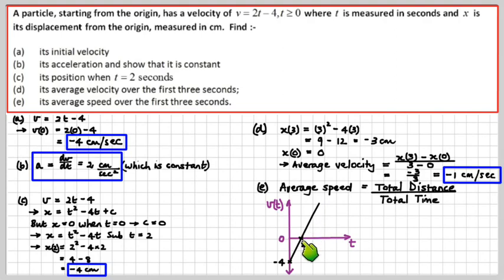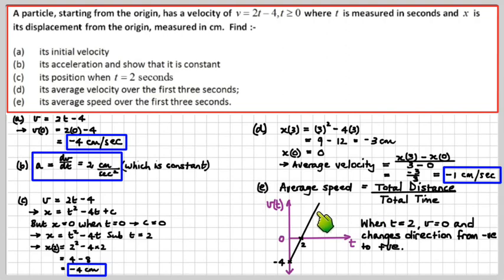So therefore, if you like to visualize what it's doing, you could imagine it going backwards from t is 0 down to t equals 2, and then it starts going forwards from t is 2 onwards. So you've got to get the two separate journeys, the backwards journey and the forwards journey.